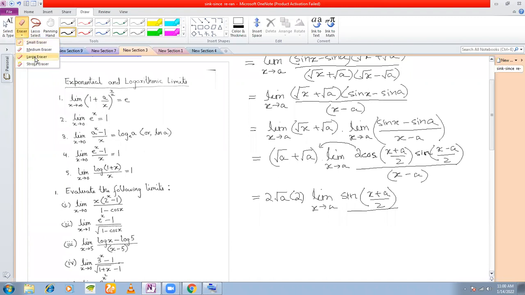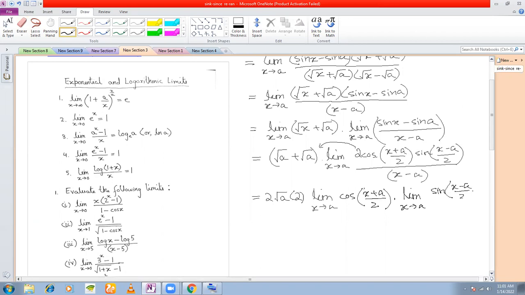So now you can split this into limit x tends to a cos (x plus a) by 2 into limit x tends to a sin (x minus a) by 2 divided by x minus a.